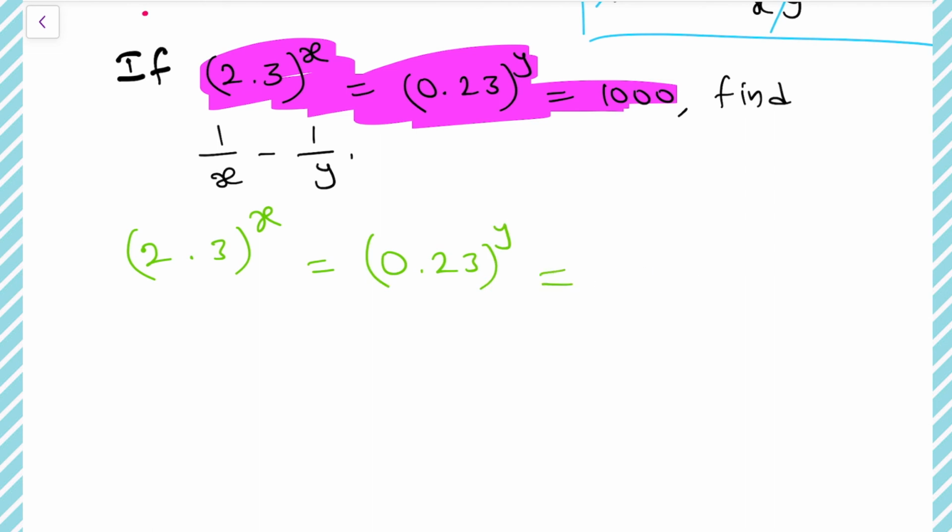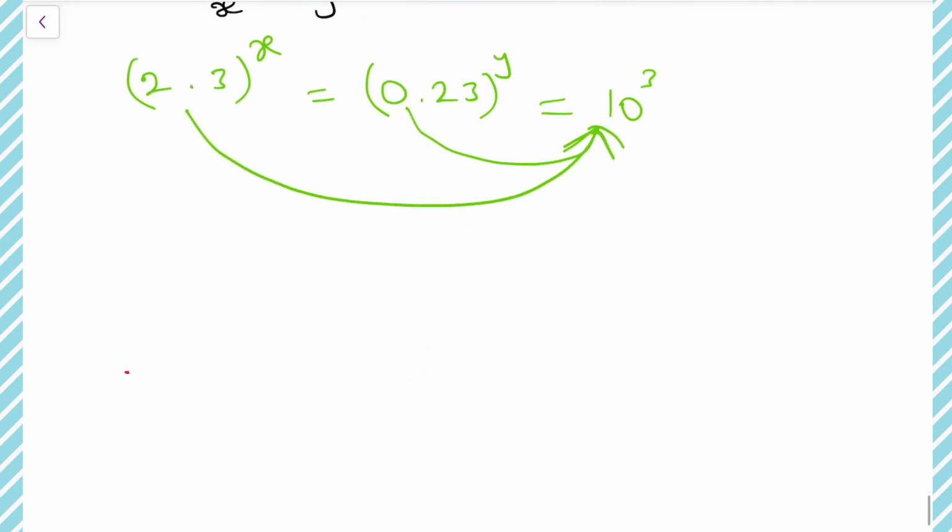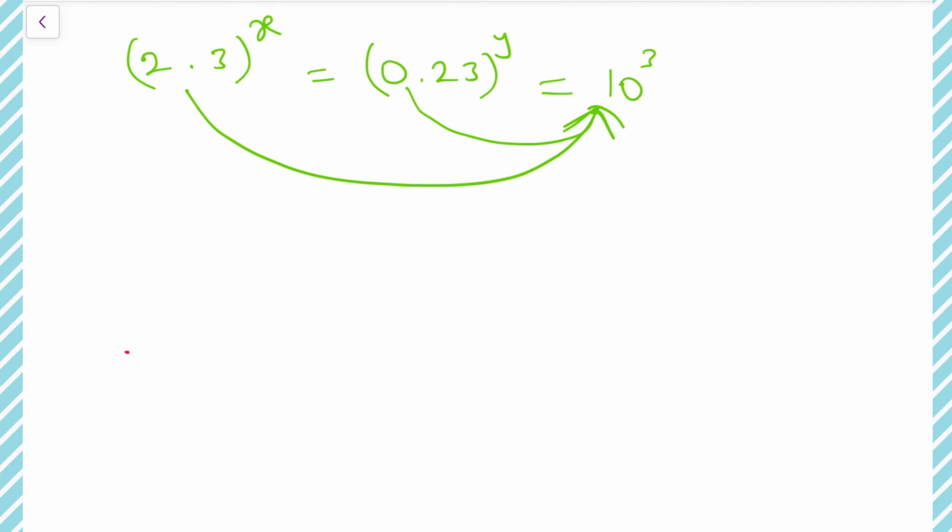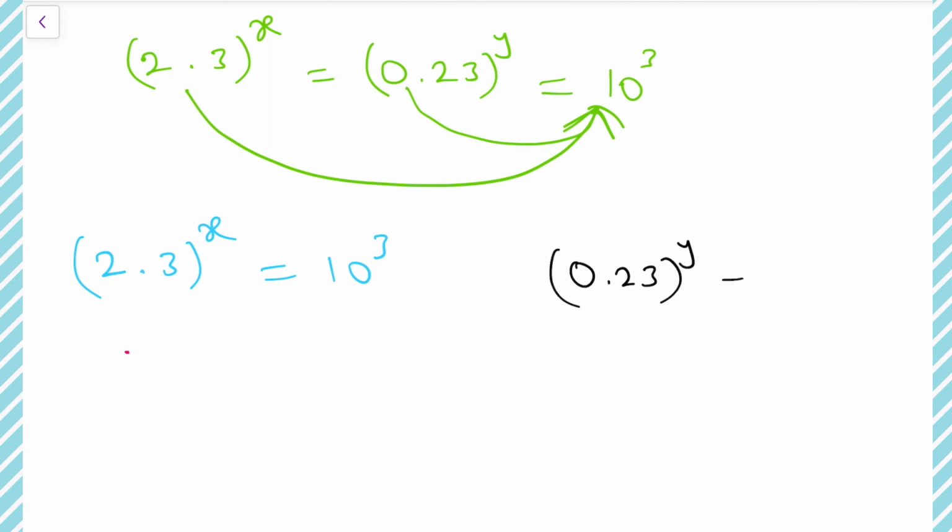Here 1000, if we simplify, we can write as 10 power 3. 2.3 whole power x equals 1000, as well as 0.23 whole power y equals 1000 only. Now I will separate it. We can write 2.3 whole power x is equal to 10 cube. The same way, 0.23 whole power y equals 10 cube.